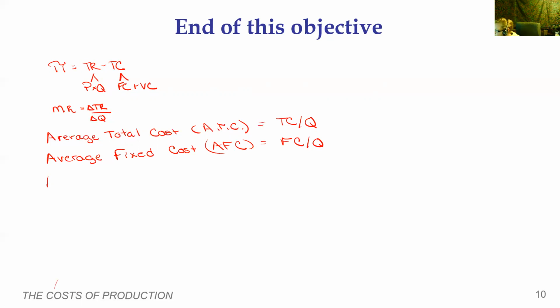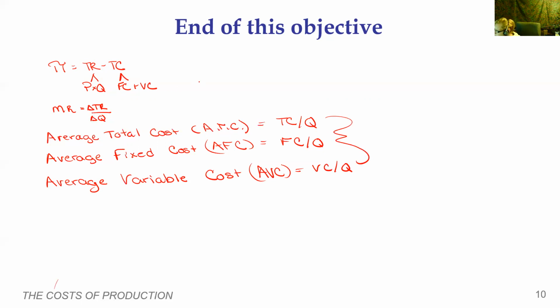We also have average, you guessed it, variable cost, which is AVC, and that is variable cost divided by quantity. These we're going to look at in an upcoming objective.